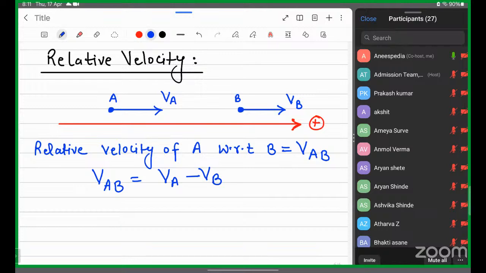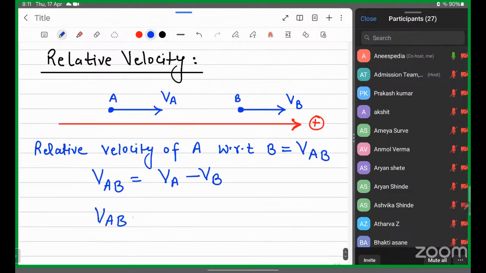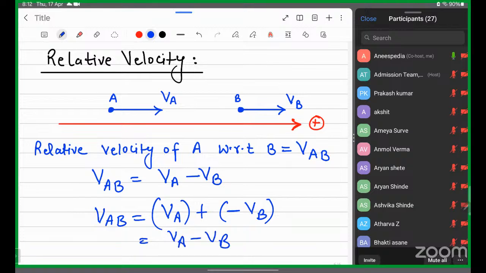So in this case, I want to find out relative velocity of object A with respect to object B, so I will reverse the velocity of object B and give it to object A. This can be explained as VAB is equal to velocity of A plus velocity of object B in reverse direction. Object B is moving in positive direction according to convention, and if you reverse it, its velocity will be in opposite direction, that is minus VB.